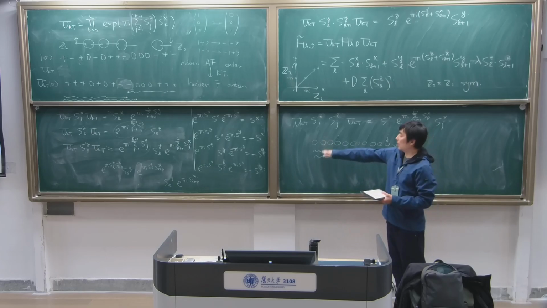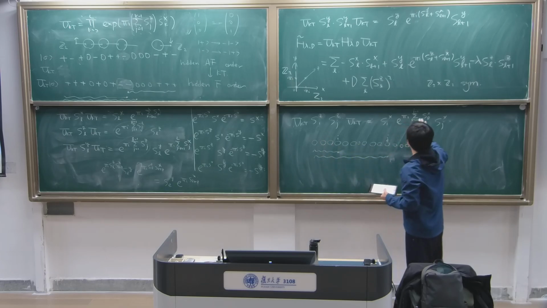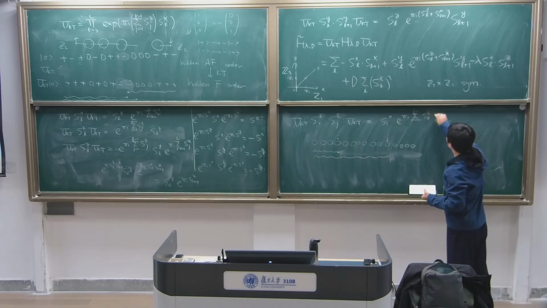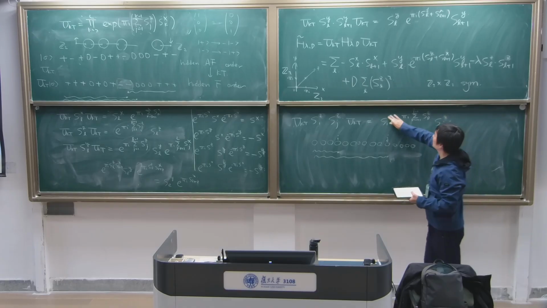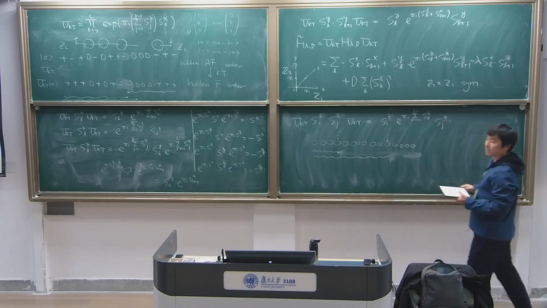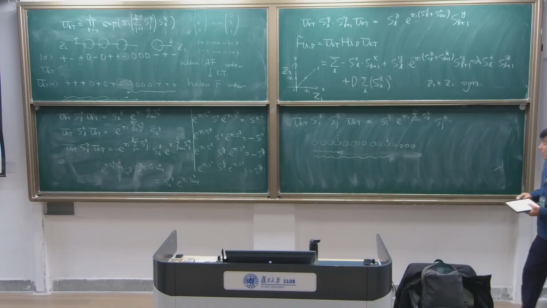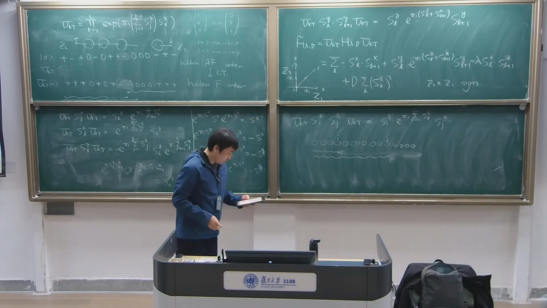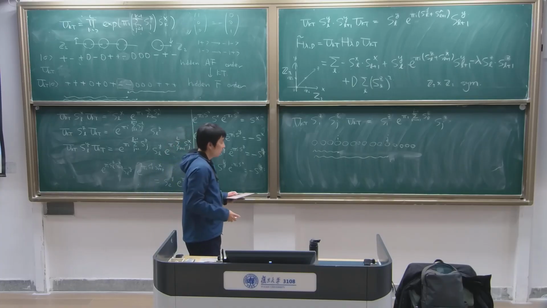But at the left end, they cancel. So therefore, what's relevant is the middle. So therefore, it becomes D and D and D, like this. Okay, and now this is also an exercise.